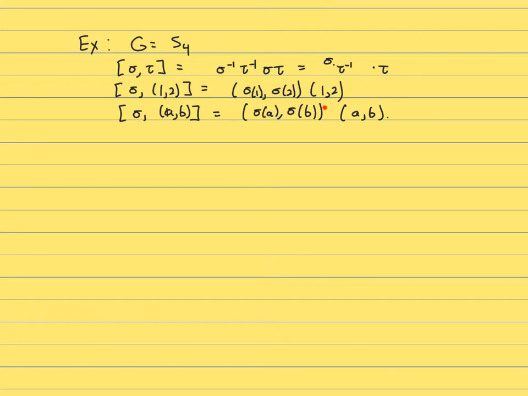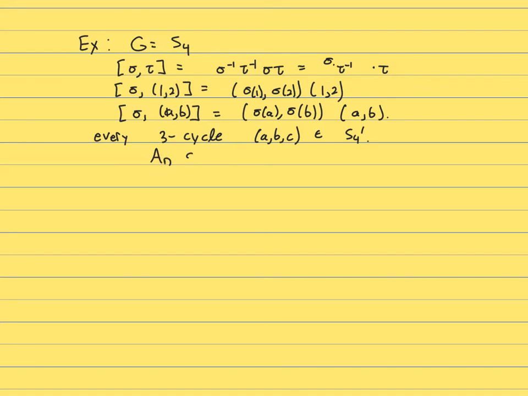And in fact, this means that every 3 cycle is going to lie in this commutator subgroup. And since you're talking about the subgroup generated by these commutators, it means you've definitely got the subgroup generated by 3 cycles.